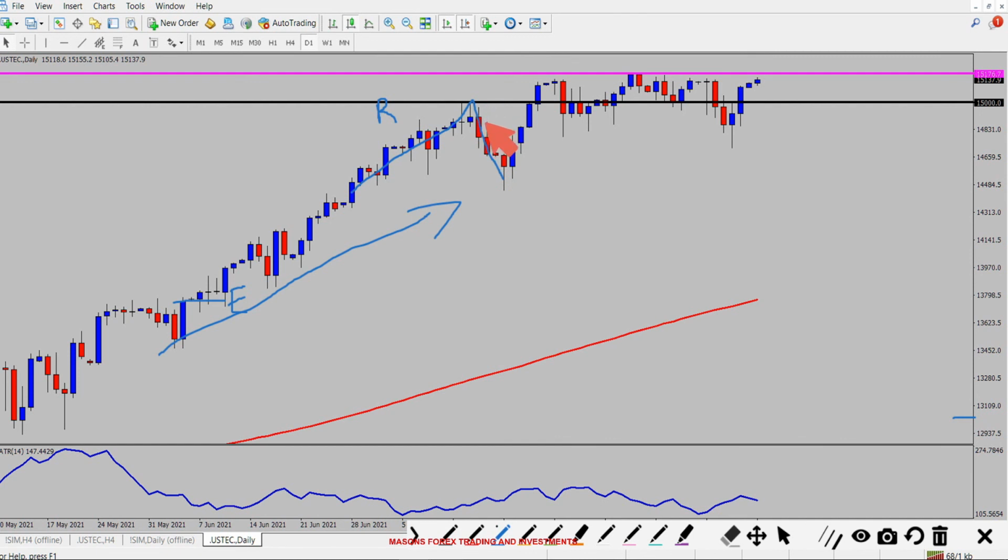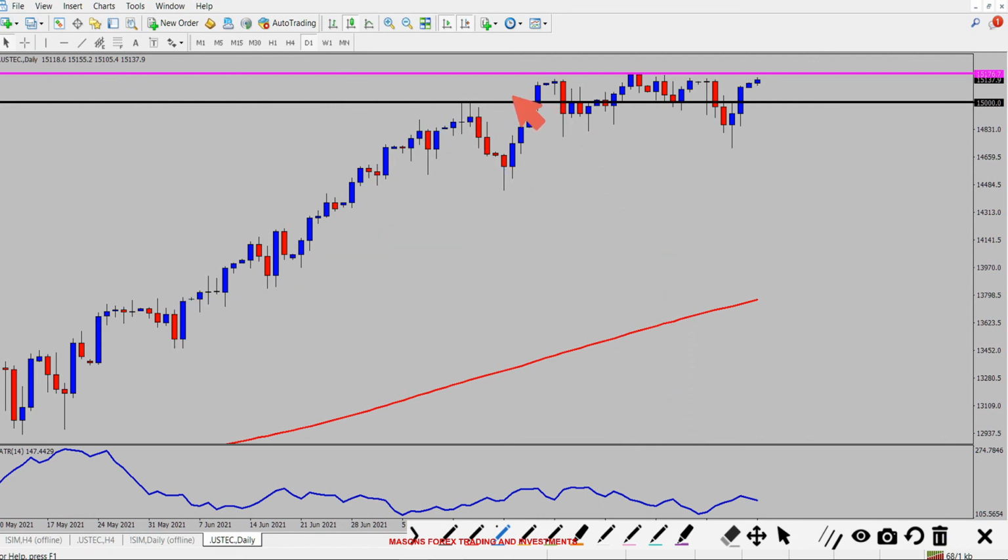You can actually use this level to take off your profit. So should you reach 15,000, you can say, I'll close a certain amount of positions. You might close half of the position or the entire position, because price could actually come into this resistance level and completely rotate. So the market will do whatever it wants to do.